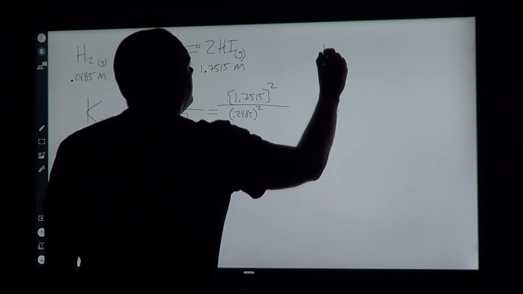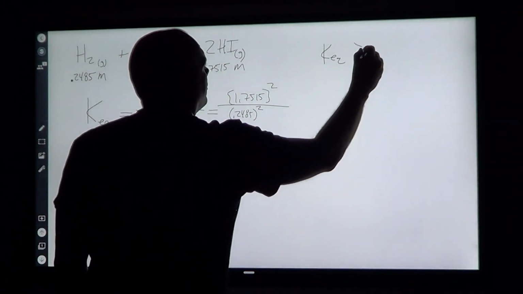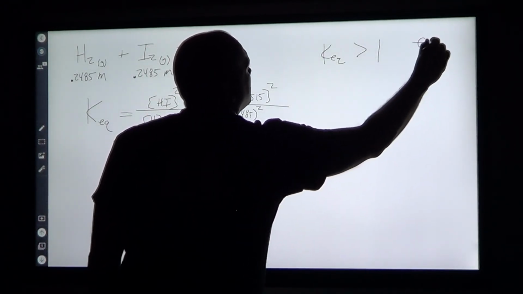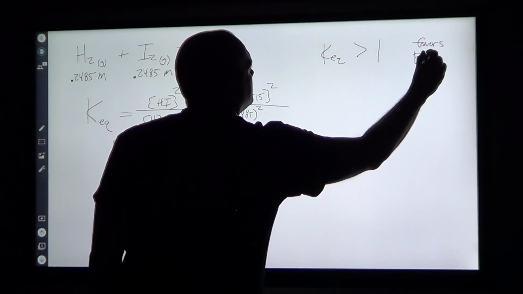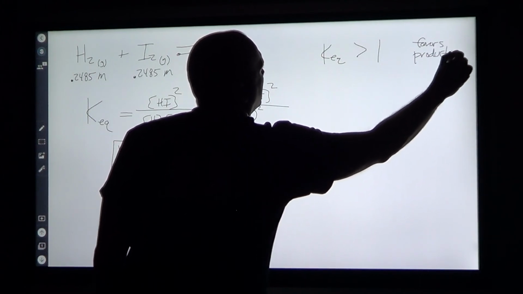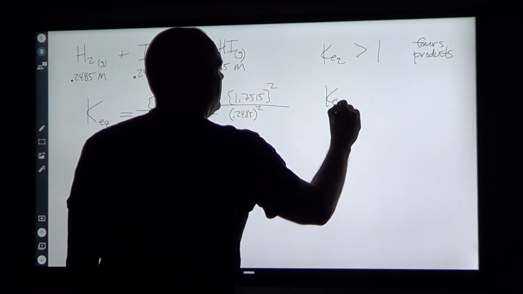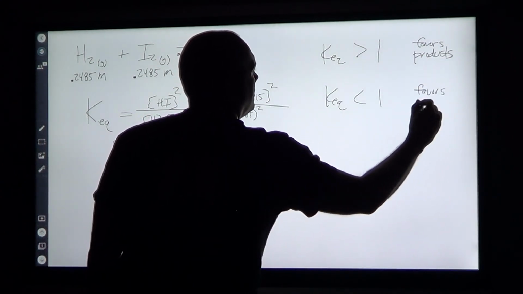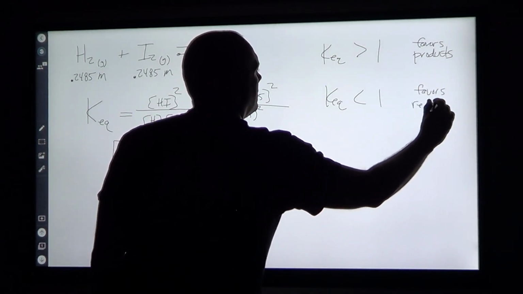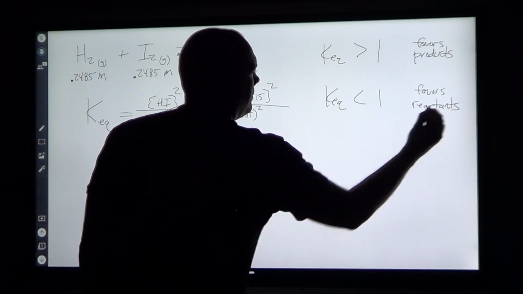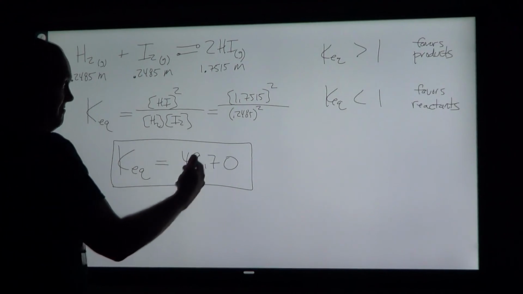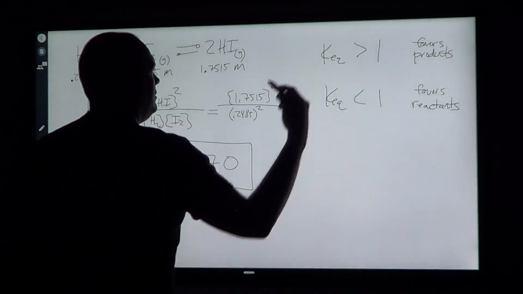If your KEQ is ever greater than 1, then it favors the products. If your KEQ is ever less than 1, it favors the reactants. So this answer is 50, which is way larger than 1.